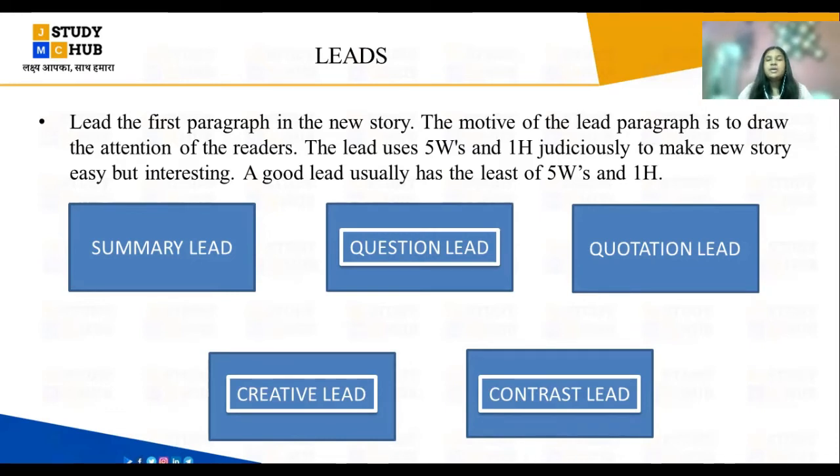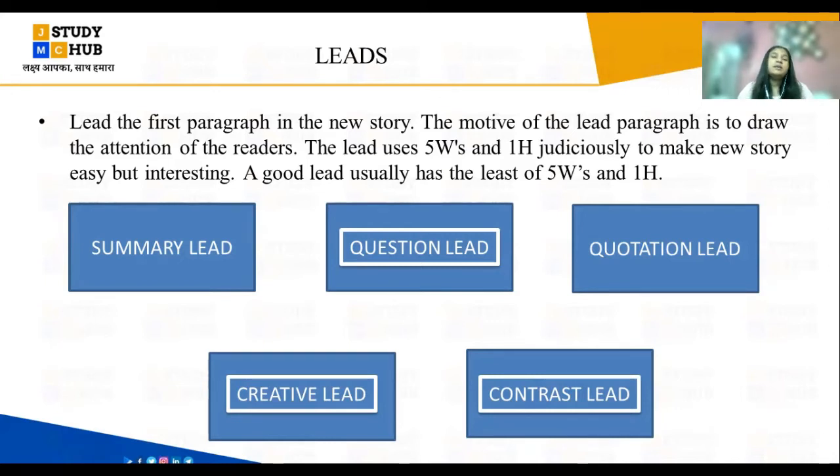So they will open the newspaper and keep on reading the first 4 lines, or sometimes just the headlines of the news stories. So you have to keep in mind that if you want your reader to get stuck on a particular news story, you have to keep your lead paragraph absolutely fine and crystal clear. Unless you grab the attention of the reader in the first 4 to 5 lines, you are not getting a hold of them.